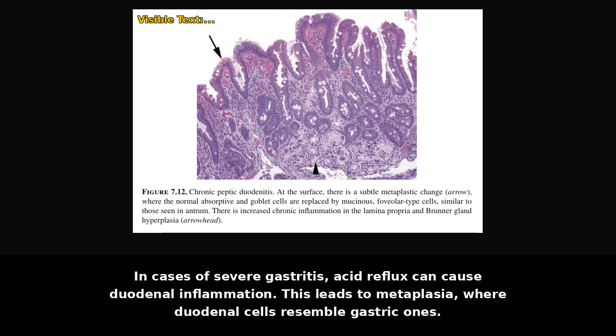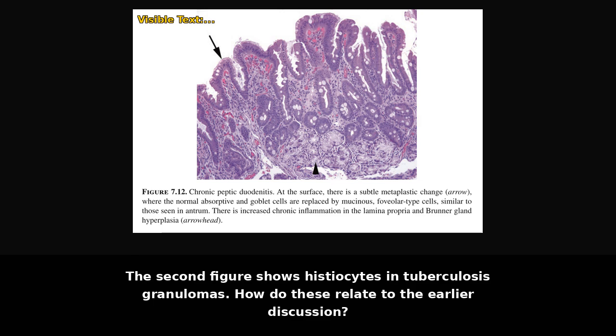This leads to metaplasia, where duodenal cells resemble gastric ones. The second figure shows histiocytes and tuberculosis granulomas. How do these relate to the earlier discussion?